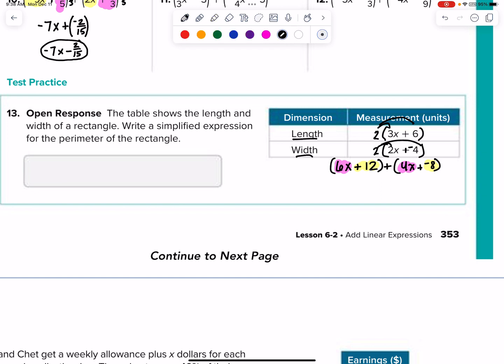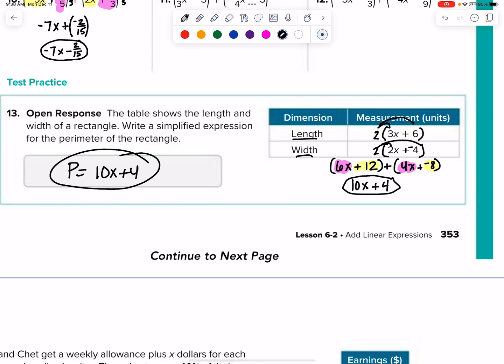Okay, so 6x plus 4x is 10x. The positive 12 and negative 8 is positive 4. Okay, and there we go. This is actually the perimeter. So P equals 10x plus 4.